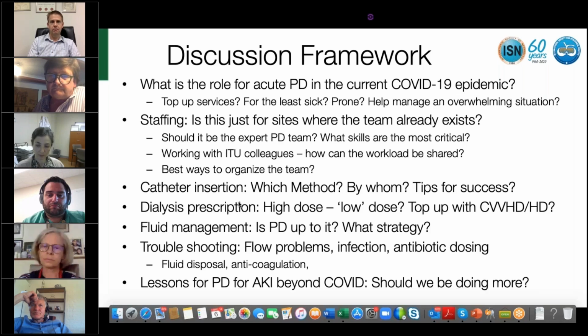Moving forward, in the absence of dialysis surge, I think we need to all ask ourselves, what do we think the future role for PD for AKI is? And have we learned anything about using it in this context that will help us better establish a role for it in the future and understand the advantages and the challenges? So I think that's one big thought moving us forward.